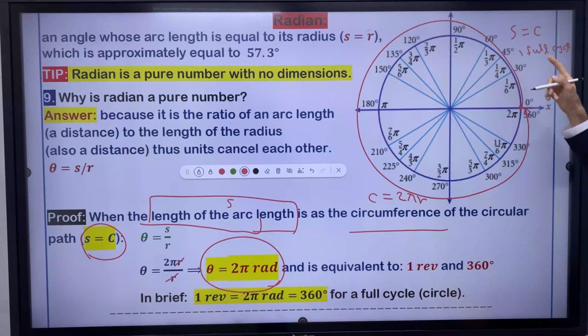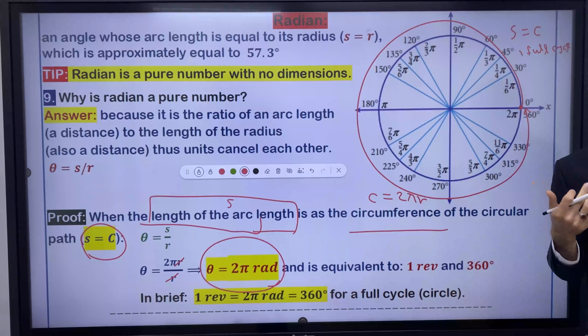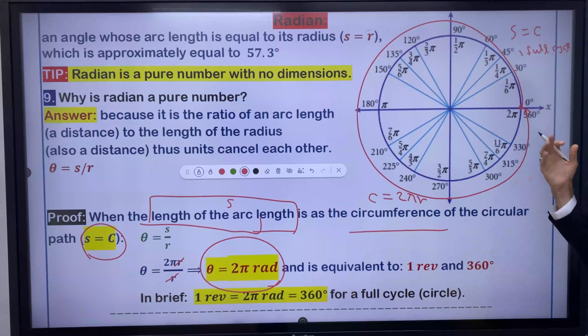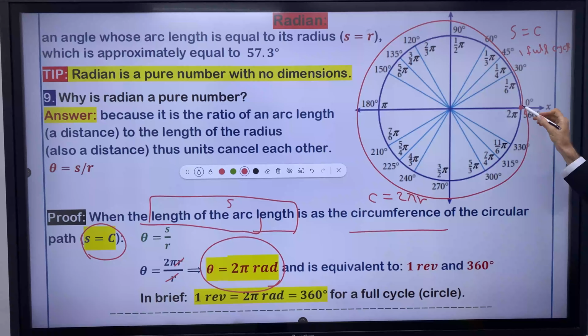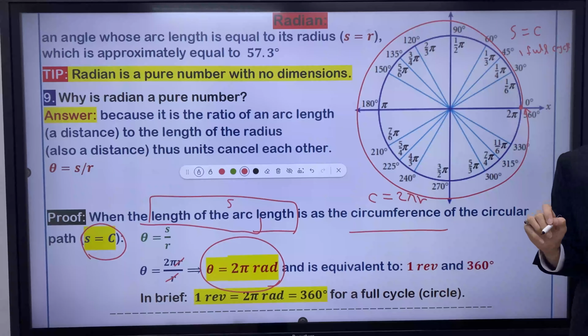One full cycle is equivalent to what? I'm not going to reveal the answer. Guess the answer before I reveal it. Think about the angle in degrees.